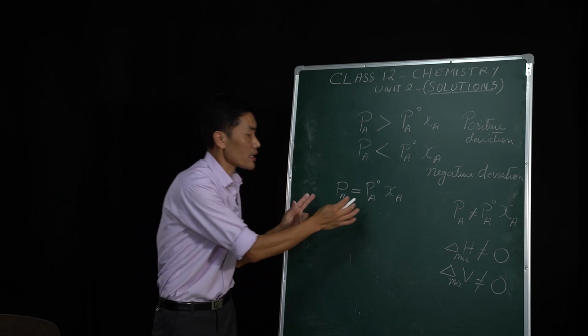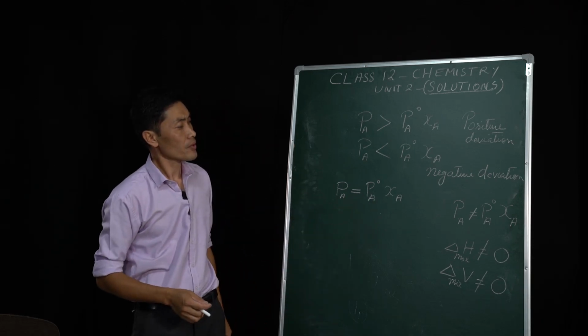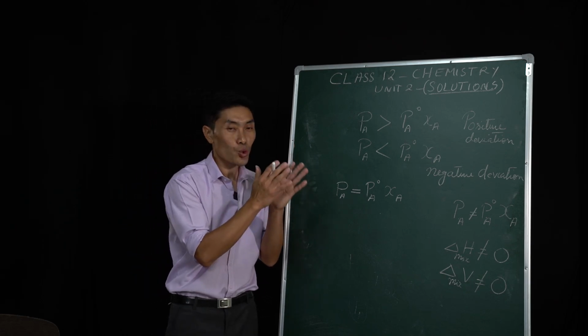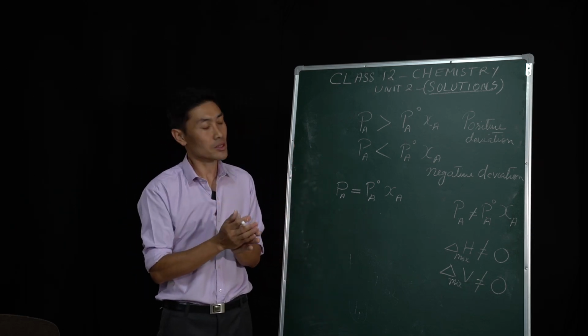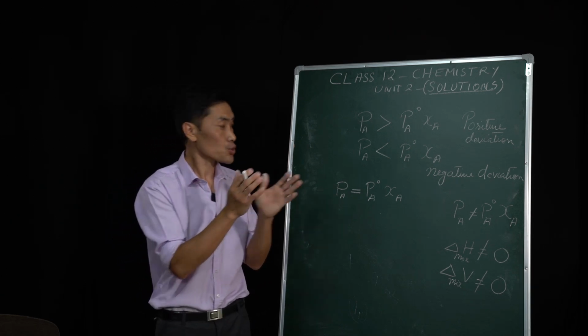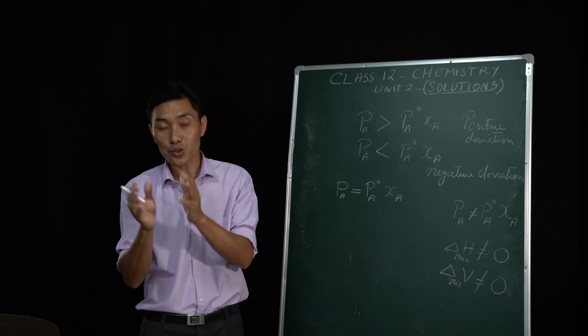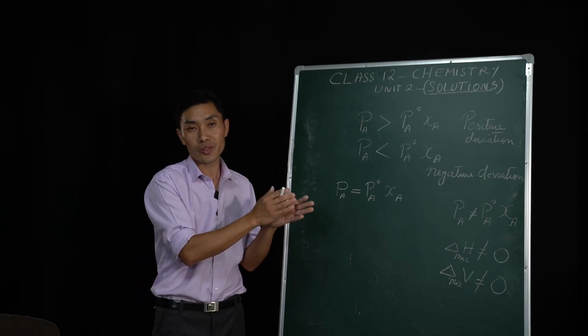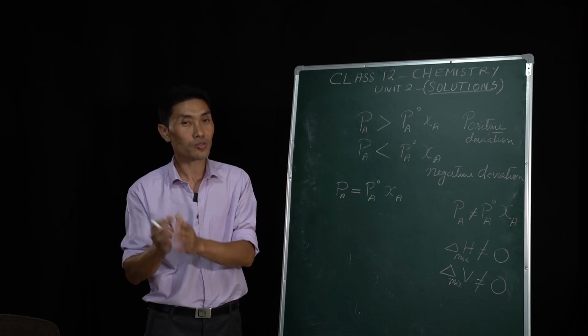In this kind of solution, we will find that the solute-solvent interactions, that means the forces of attraction between the solute molecules and the solvent molecules, are quite similar to the solute-solute interactions and the solvent-solvent interactions.